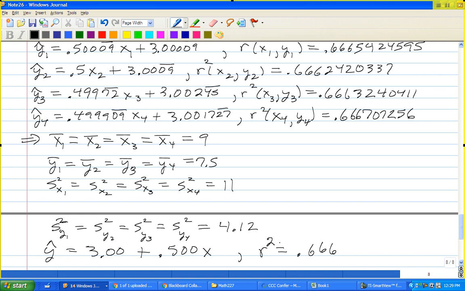So all the means, all the variances are all the same for x's and y's. All their regression lines are all the same. Again, to like 2 decimal places, they're all the same. All the correlation coefficients are all the same.